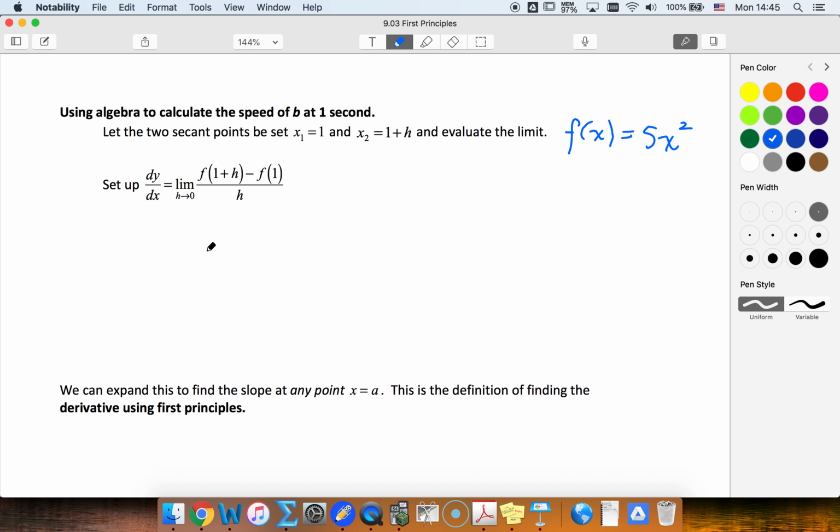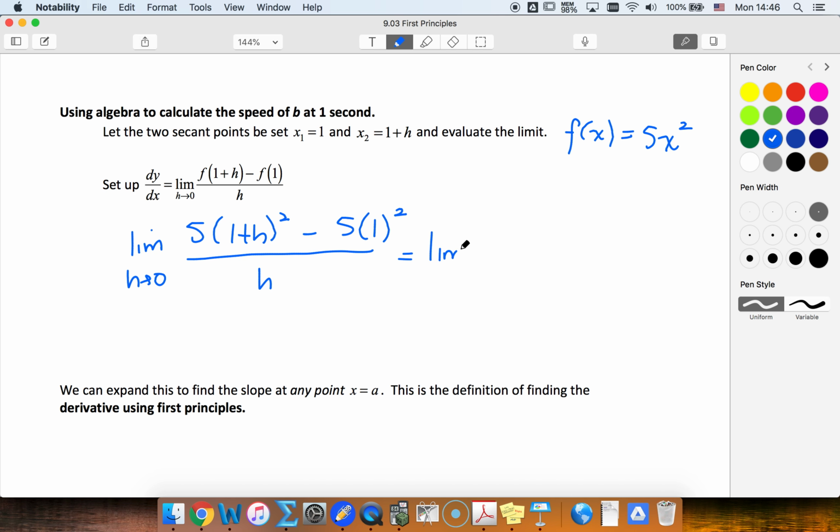So 1 plus h is going to be 5 times 1 plus h squared minus 5 times 1 squared all over h. We still have our limit, because right now, if I plugged in 0, I would have 0 over 0. We know that doesn't work.